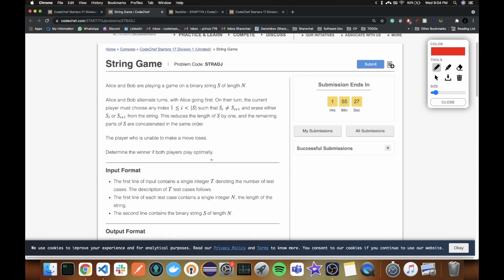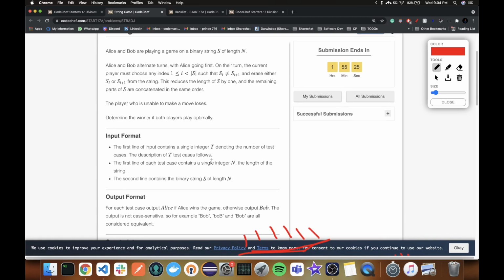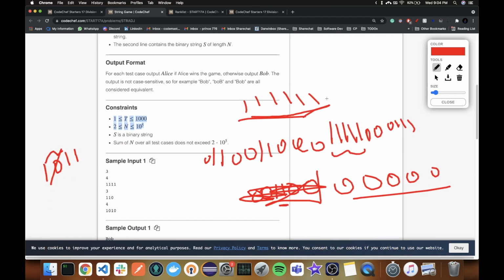At every move, the length reduces by 1, and the final state looks something like this.